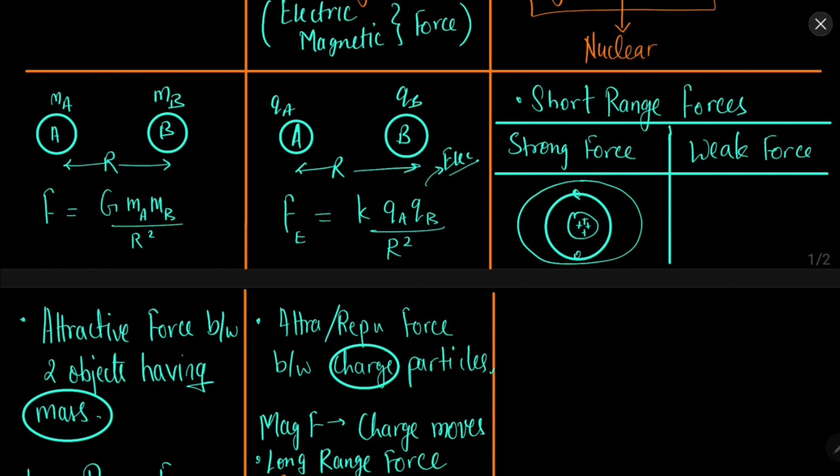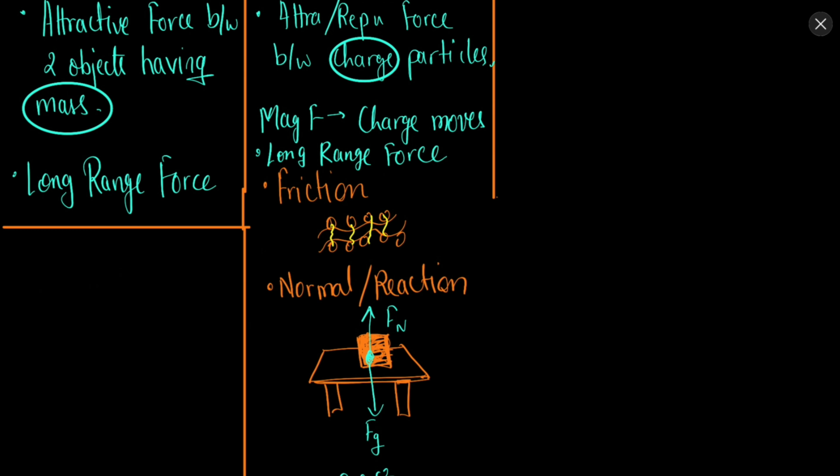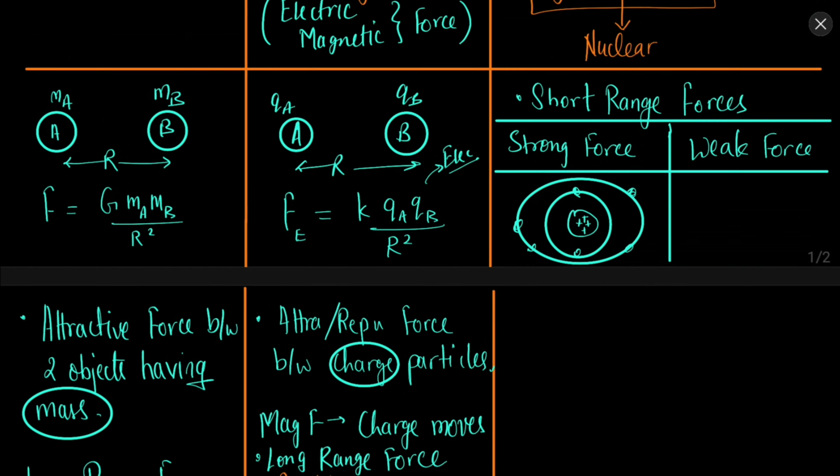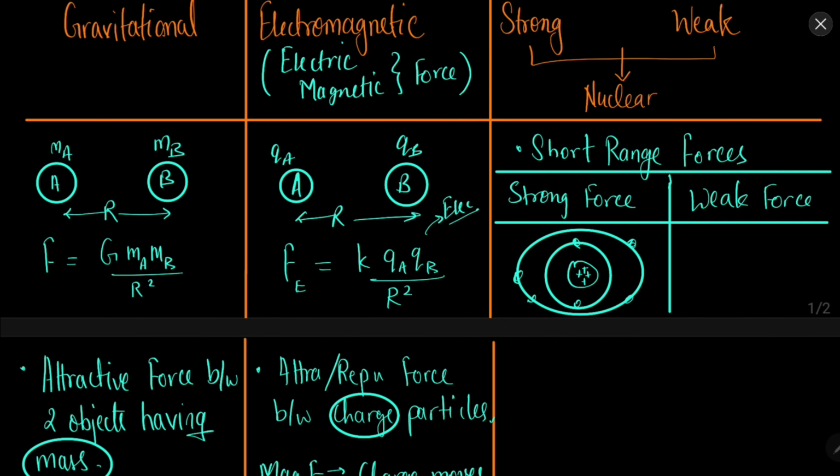Now we know that the same charges repel each other, positive will repel positive. So the nucleus must not be stable.